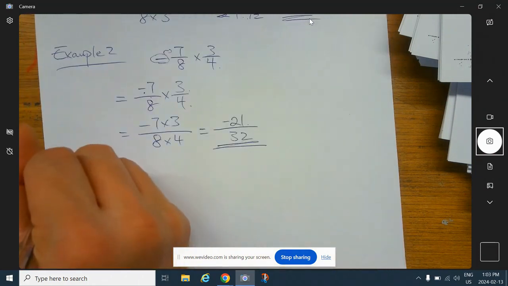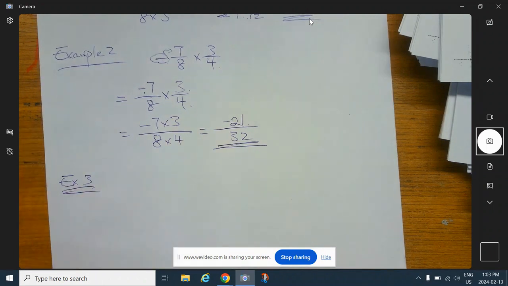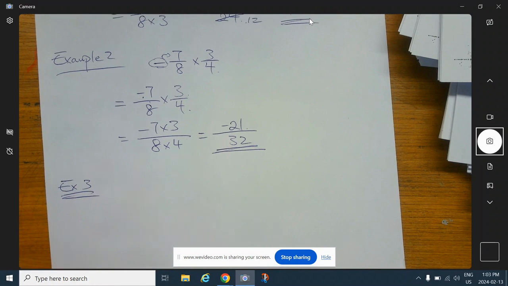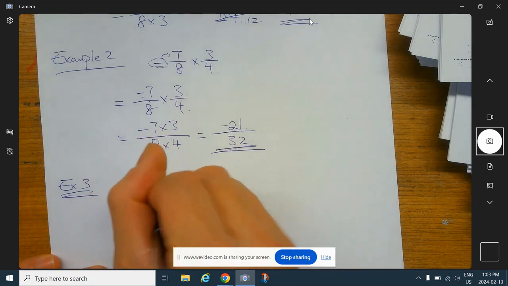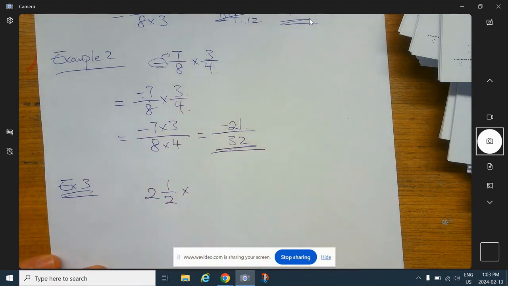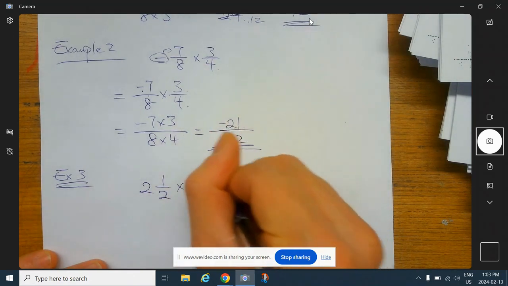Now, the last example I want to give is, let's just say you have mixed numbers. What do you do then? Let's just say I have 2 and 1 over 2 times, and let's make this even more fun, minus 3 and 3 over 7.